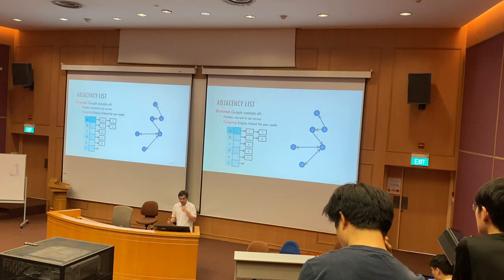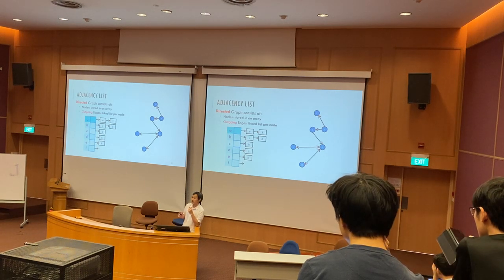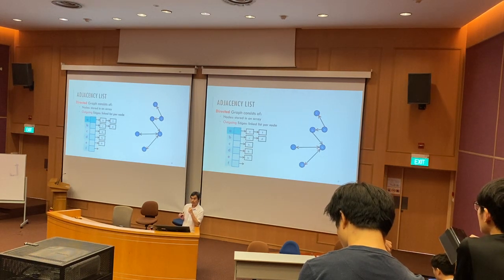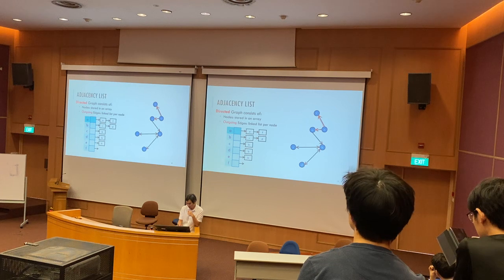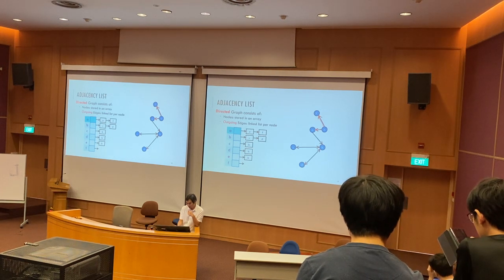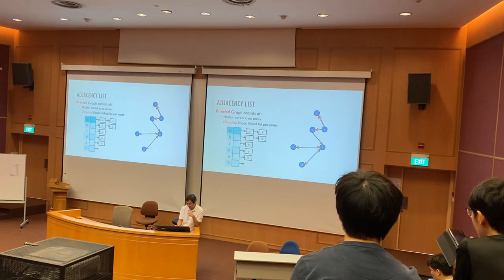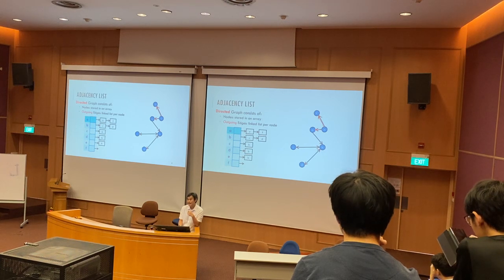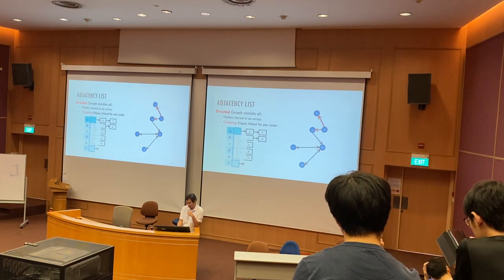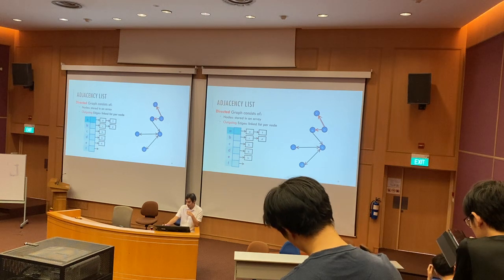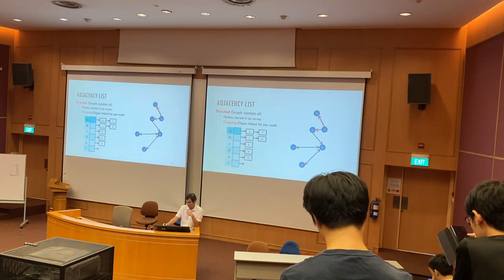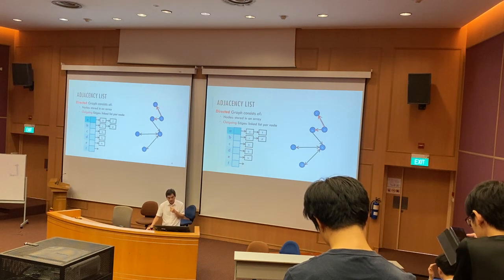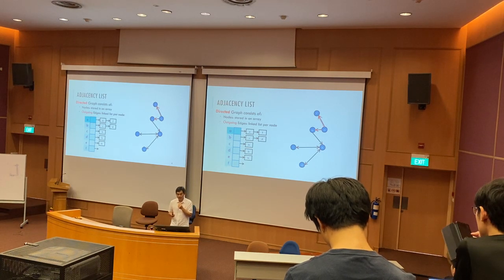For a directed graph, you only represent the outgoing edges. You don't have to represent the incoming edges. A is connected to E, so E exists in A's list, but A does not exist in E's list. Notice there's no A in this list, because this is an outgoing edge from A to E. So we only represent outgoing edges.